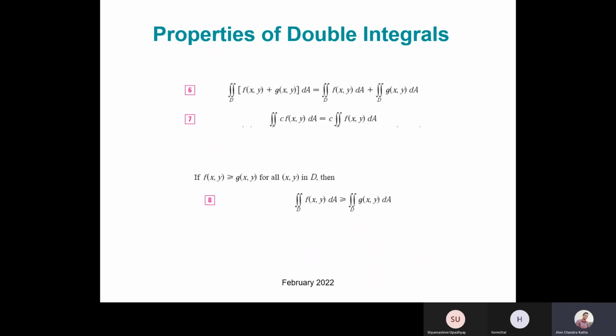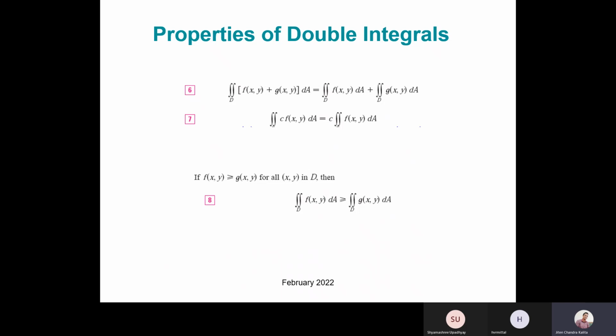Double integrals over type 1 and type 2 regions. I have already told you that it is not necessary that the region being given to you will be beautifully shaped so that you can convert it easily into a type 1 or type 2 region. Sometimes you have an arbitrarily shaped domain which does not directly fall into the category of type 1 or type 2.